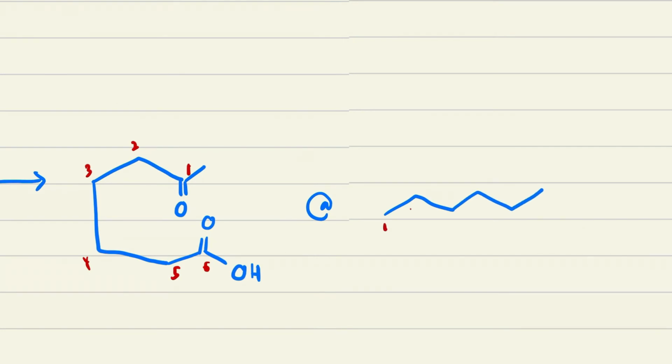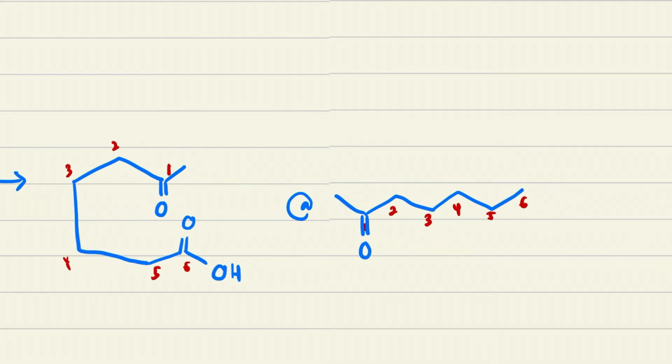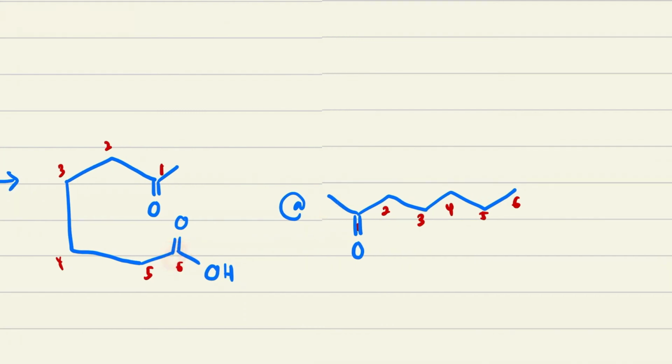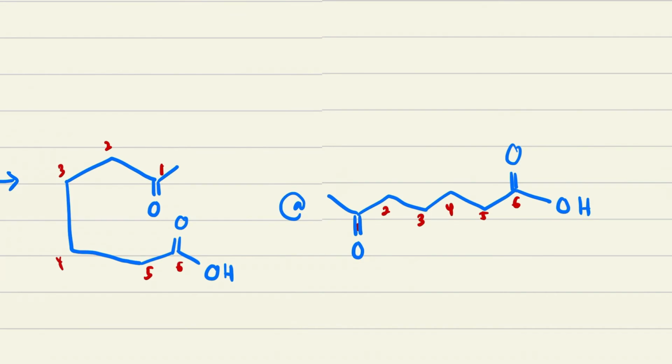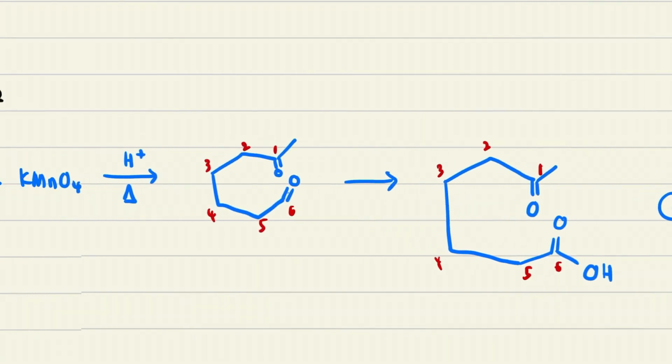So this is your carbon 1, 2, 3, 4, 5, 6. C double bond O with CH3. So this is our CH3, and then the end has C double bond O, OH. In any exam, either is accepted. The non-pro way is okay, the pro way is okay, as long as the number of carbons is correct. So that is the long way.